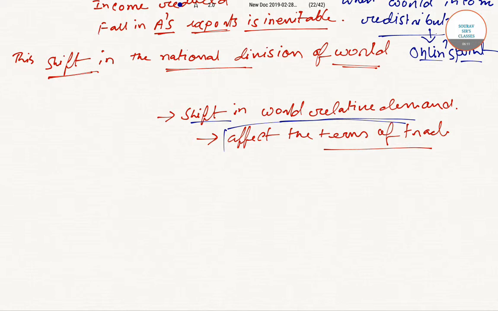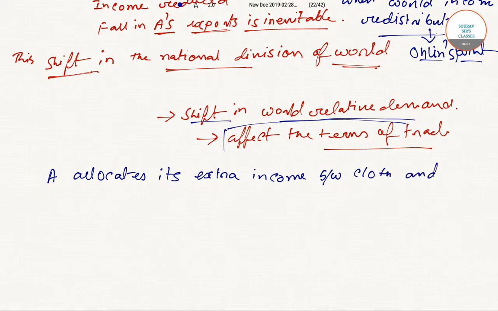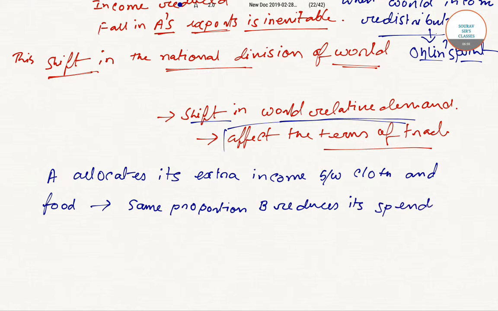So how won't the RD curve be affected? It is if A allocates its extra income between clothes and food in the same proportion in which B reduces its spending.